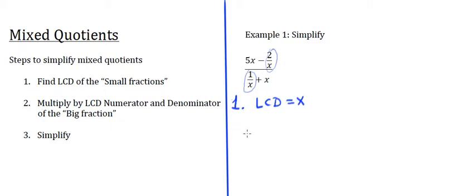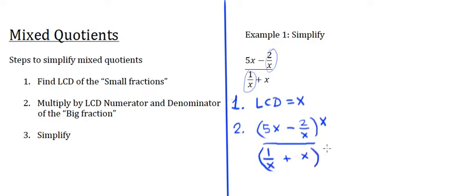And then for step two, we're going to multiply numerator and denominator of the big fraction by the LCD that we found in step one, this way.